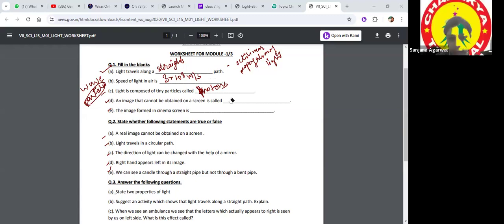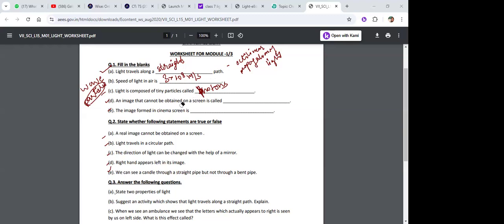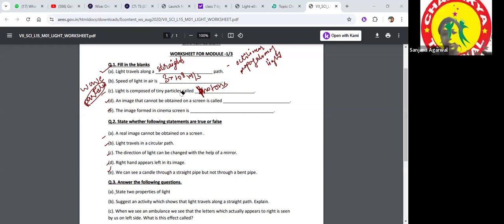Next, an image that cannot be obtained on a screen is called. The plane mirror we have in our home, does it form a real image obtained on the screen? Ma'am, an image that cannot be obtained on a screen is called a virtual image. Other students, does the plane mirror in our home obtain the image on a screen?